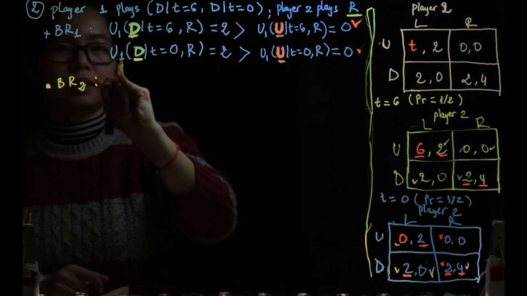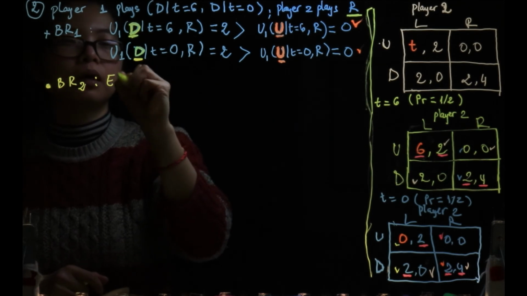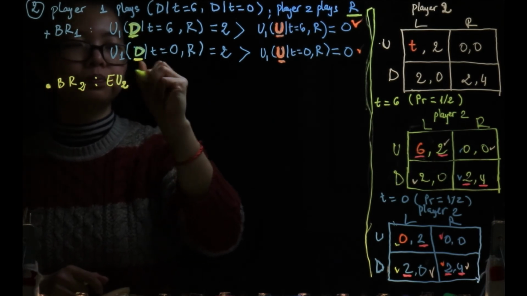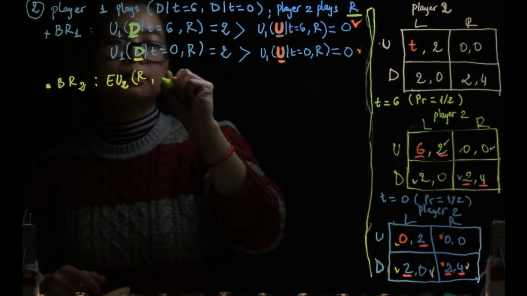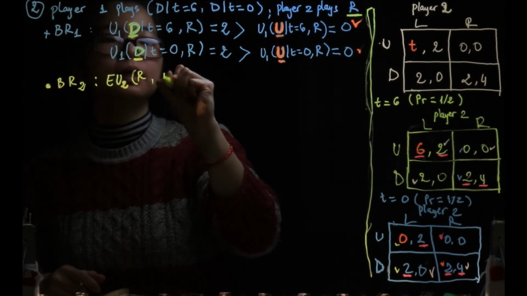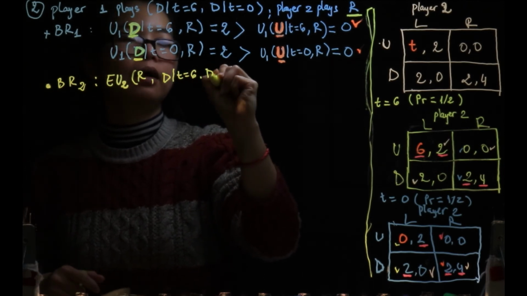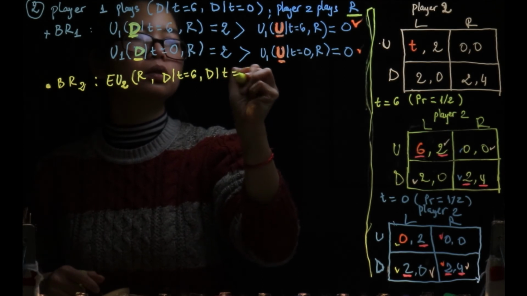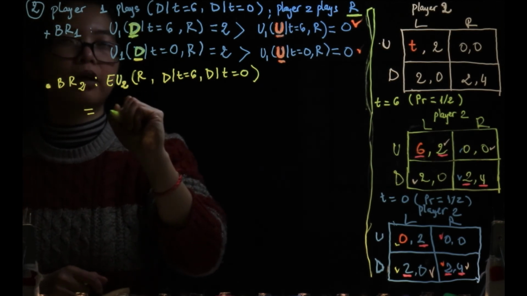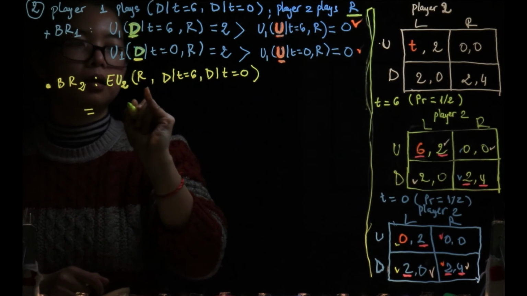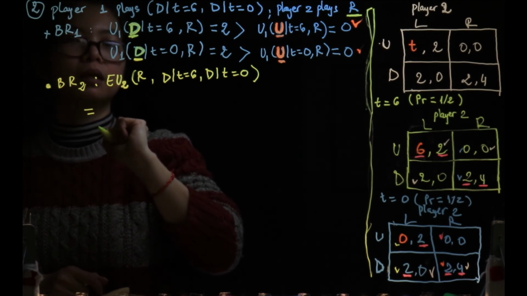So the expected payoff of player 2 from playing right, while the first player plays down for t equal to 6 and down again for t equal to 0, equals again the weighted average of the payoff of this strategy for each type, with the weight being the probability of the types.